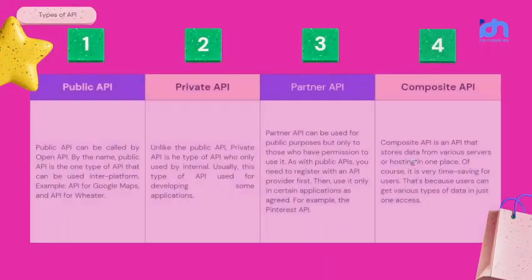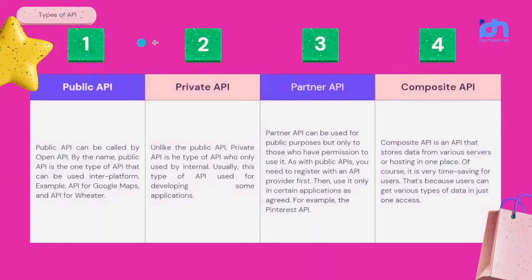Types of API: 1, 2, 3, 4. Public API, private API, partner API, and composite API. A public API can be called an Open API. Public API is the type of API that can be used across platforms, for example the API for Google Maps and the API for weather applications. Unlike the public API, a private API is a type of API that is only used internally.